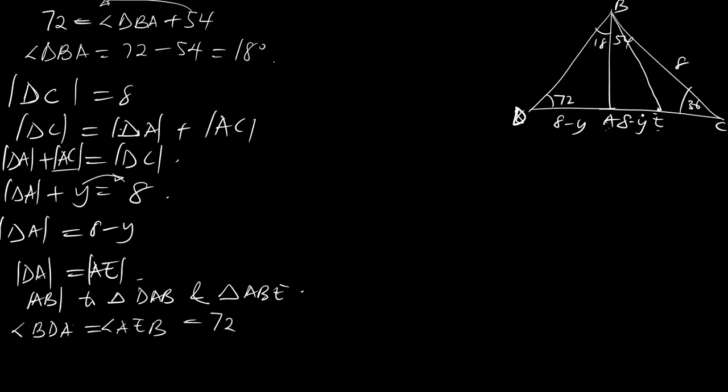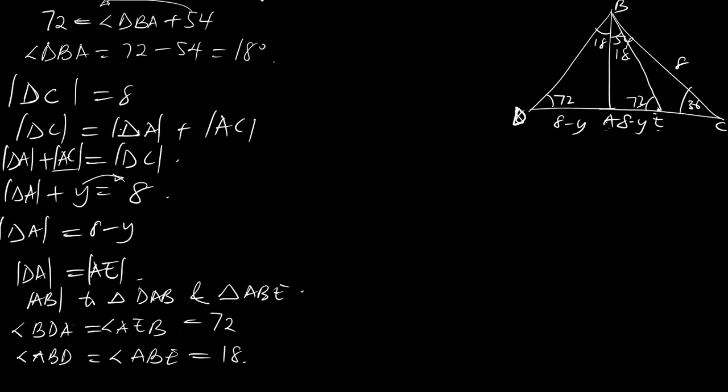So here is 72. So if here is 72, here will be 18, as here is 18. So it also means that angle ABD is equal to angle ABE, which is 18 degrees.